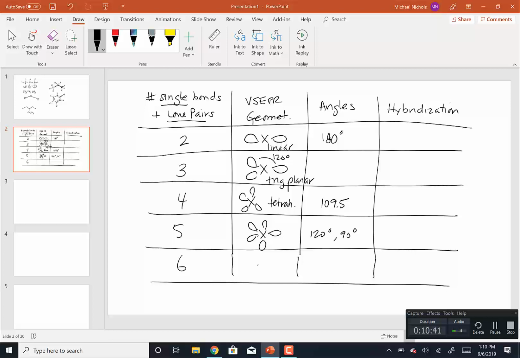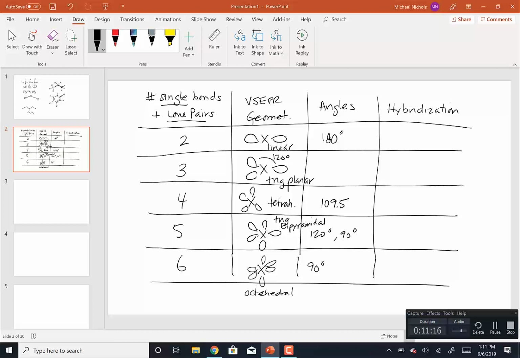And then finally, if there's 6, you're going to have like an X, Y, Z coordinate system where we've got all 90-degree angles, and that's called octahedral. And this one is called trigonal bipyramidal. So we've got trigonal bipyramidal, octahedral, tetrahedral, trigonal planar, and linear, going from 2 to 6.